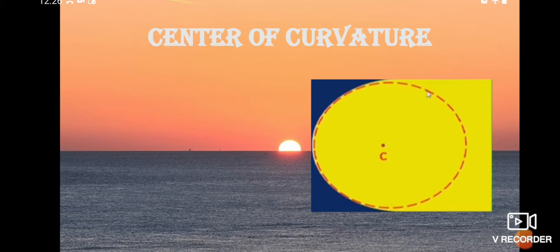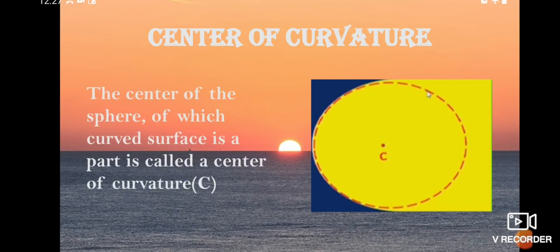I have kept a center for this sphere, and this center is called the center of curvature. Okay students, what is the definition? The center of the sphere of which the curved surface is a part is called the center of curvature. This one is called the center of curvature.